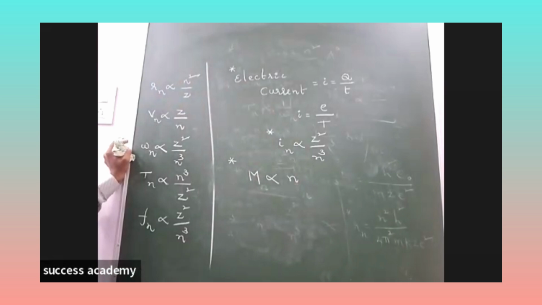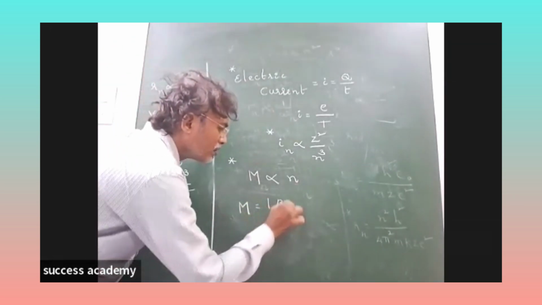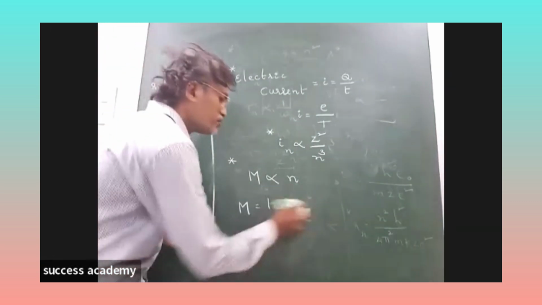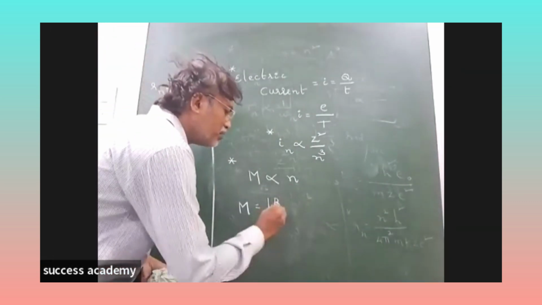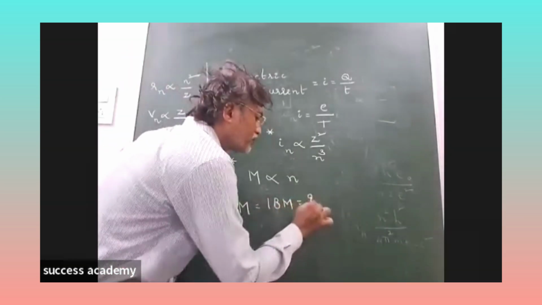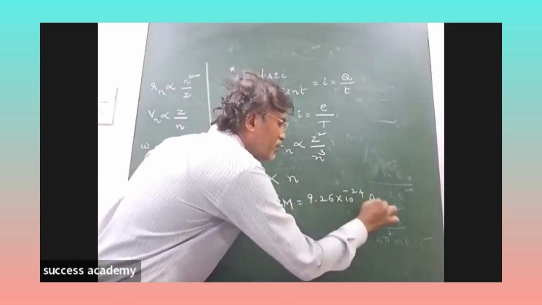So for n is equal to 1, that magnetic moment is called one Bohr magneton. Bohr magneton, we simply call it BM. One Bohr magneton value is nothing but 9.27 into 10 power minus 24 ampere meter square.